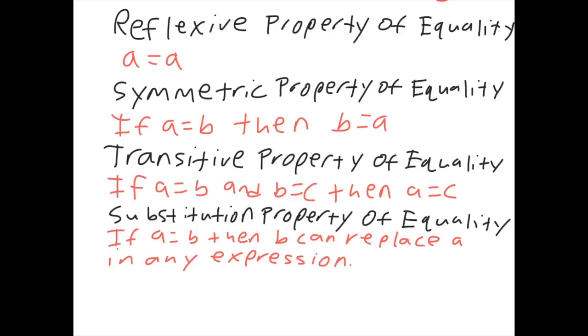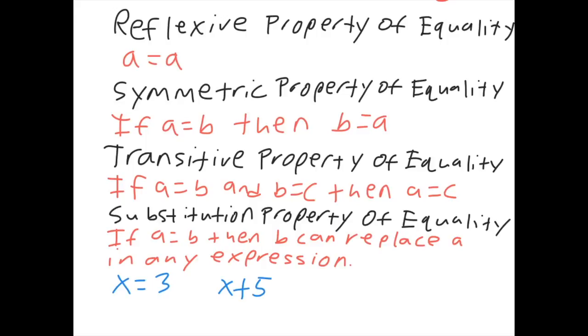The next property is the substitution property of equality. That says if A and B are equal, then B can replace A in any expression. So, just a quick example of this. If you have, say, x equals 3, so you know x equals 3, and we have an expression x plus 5.